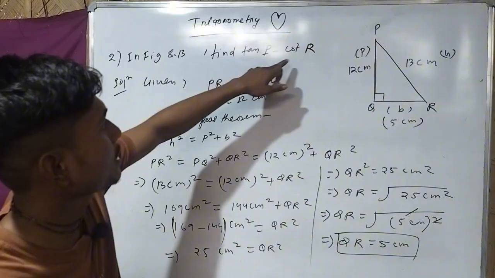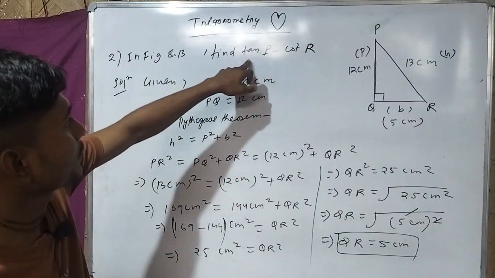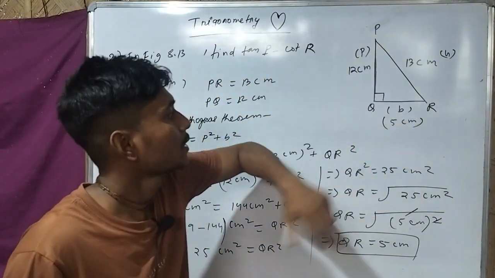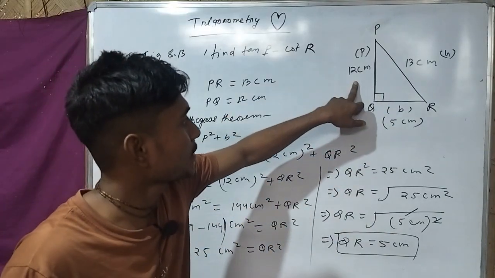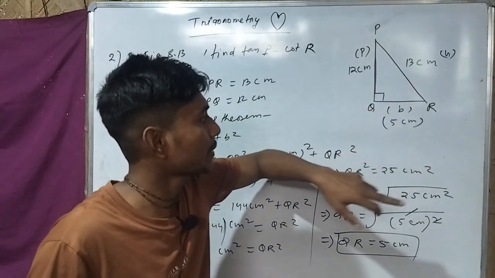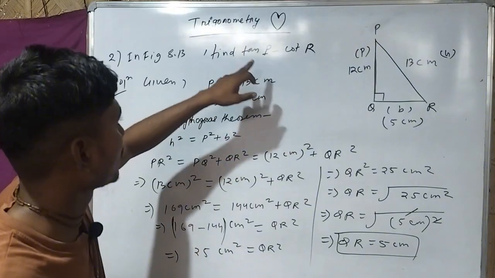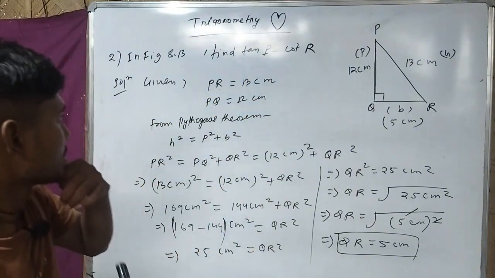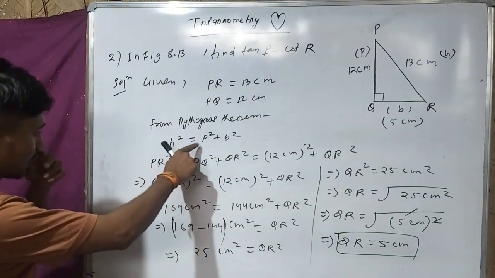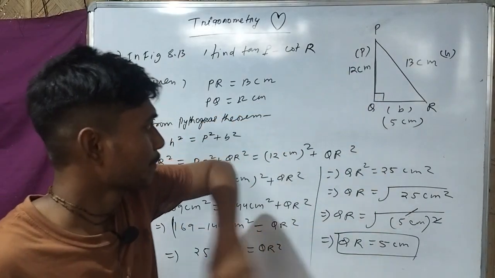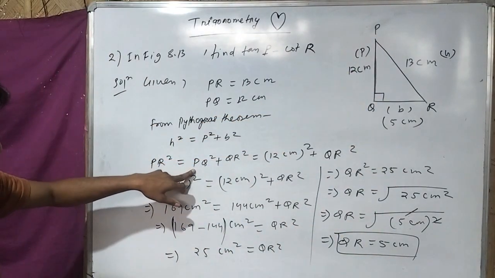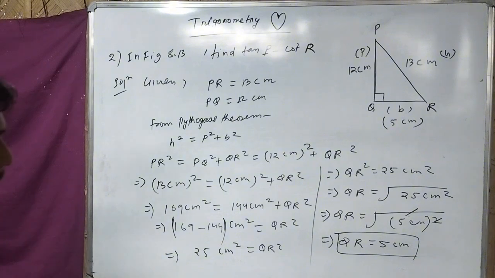Now the next main question I will solve. First of all, to solve this question, you have to find this side. PQ is 12 centimeter given and PR is 13 centimeter given. We have to find the QR, then we can find tan P minus cot R. From Pythagoras theorem, hypotenuse square equals perpendicular square plus base square. PR square is the hypotenuse, PQ square is the perpendicular and QR square is the base.